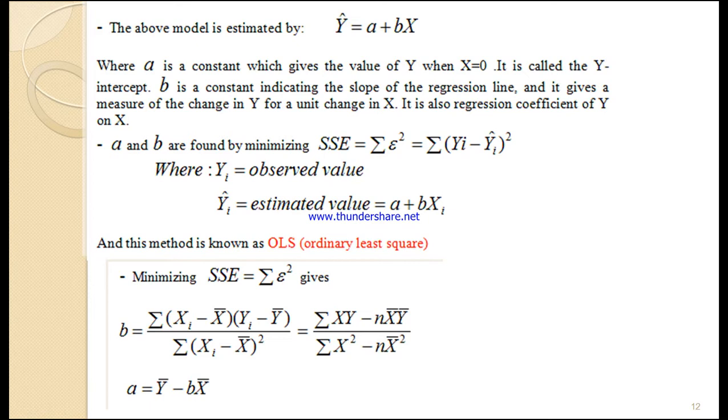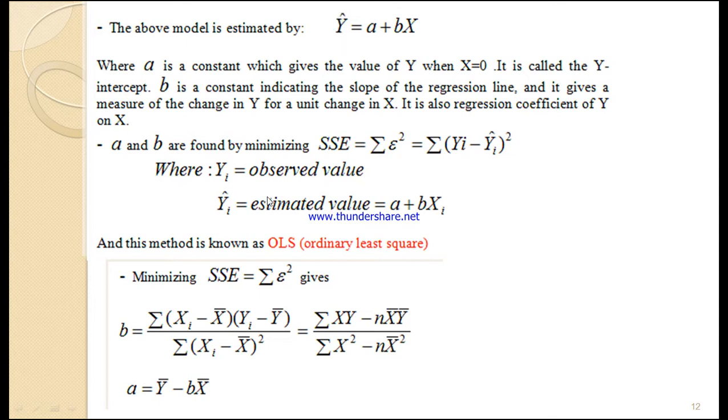Therefore, in this second lecture, we are going to deal with how we can calculate a and b or r, or the so-called estimated value of the dependent variable, y hat.